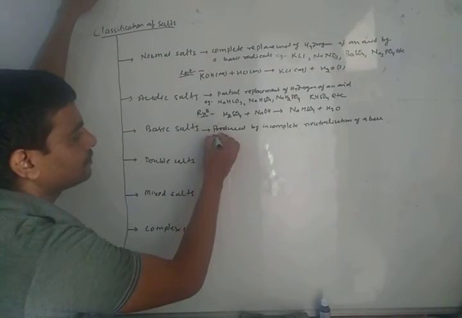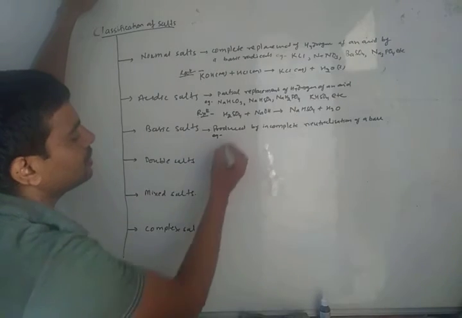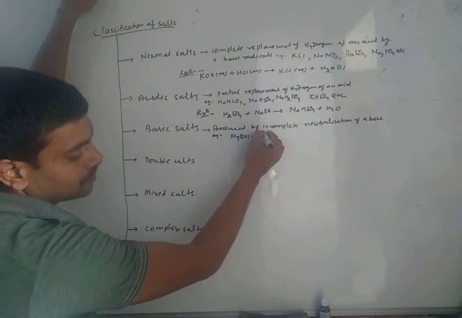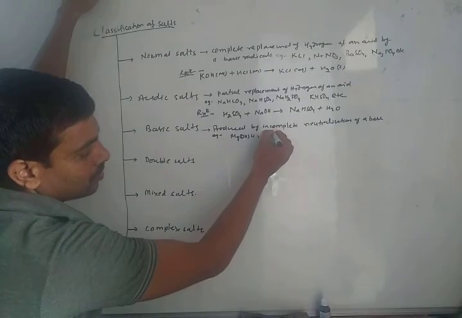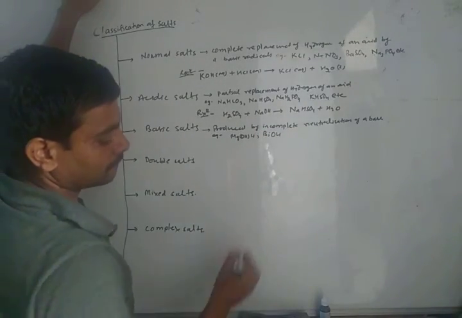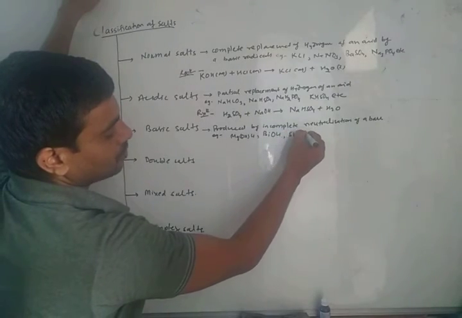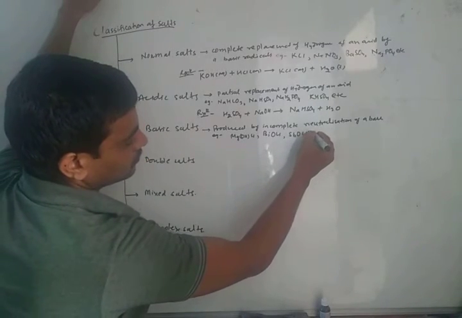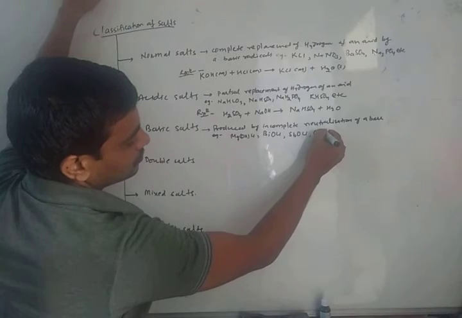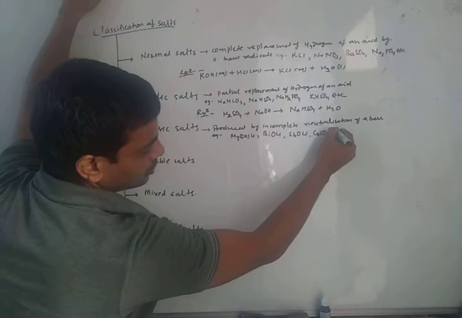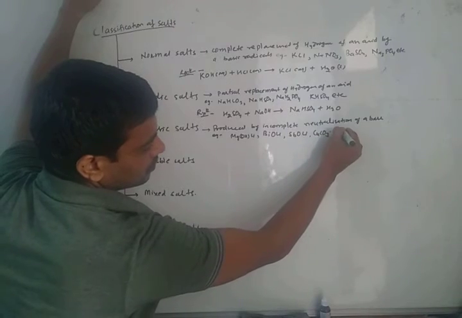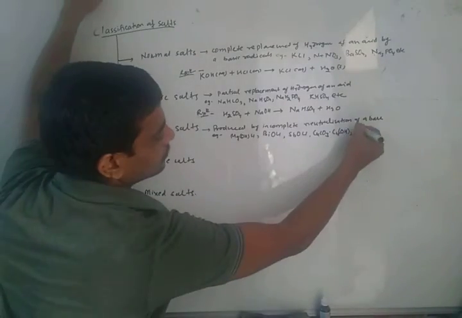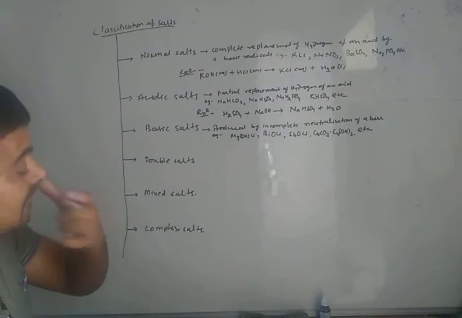For example, MgOHCl, BiOCl, SbOCl, CuCO3.Cu(OH)2, etc. These are examples of basic salts.